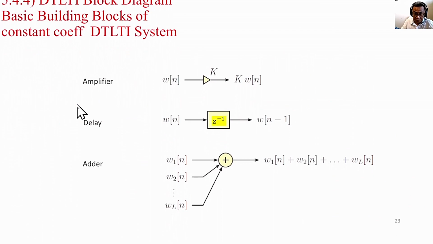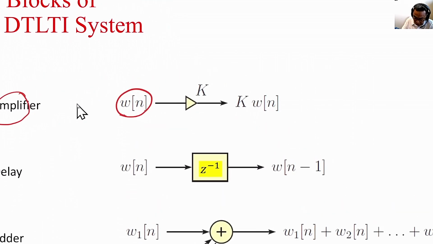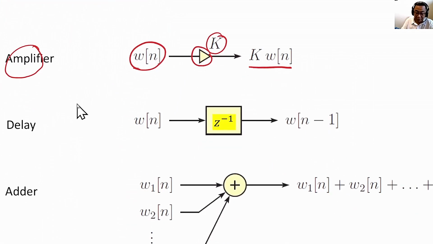Now, what are the block diagrams that we are interested in? It's only 3 of them. When W is being amplified, we typically use a triangle and a value K here, and K times w[n] is the output. So it is an amplifier.